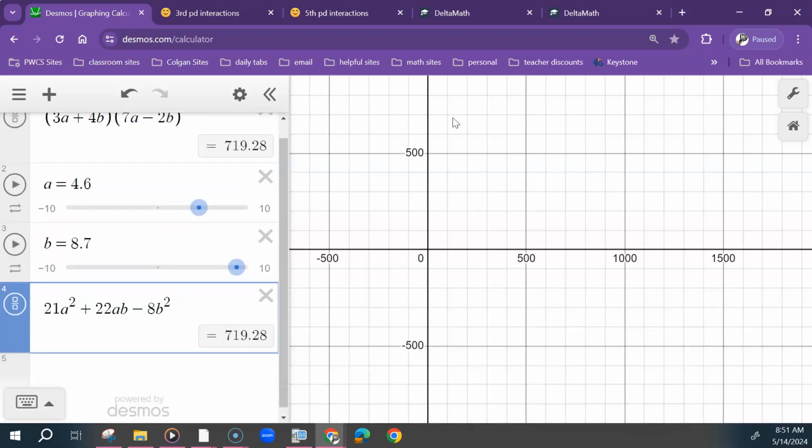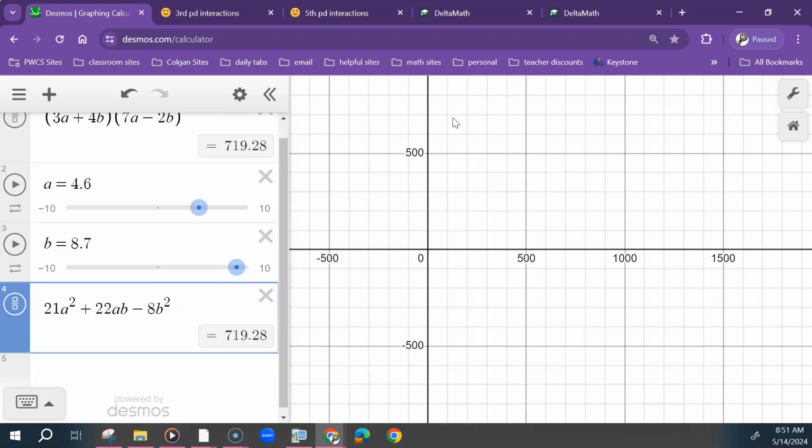So you could use that to check yourself for anything with multiple variables. If it wasn't multiple choice, you could still do the same thing. Type in your original, type in your answer, and see if the decimals match.